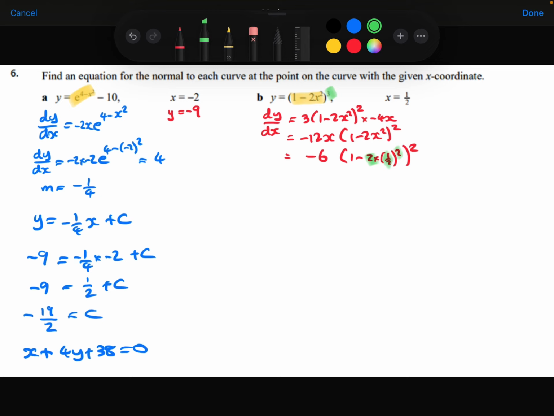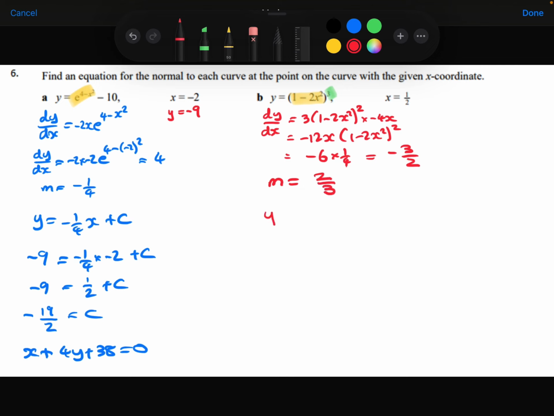And when I times that quarter by 2, I'll get 1/2. Then the 1 minus 1/2 is 1/2. And when I square that 1/2, I get 1/4. So everything inside there will just be 1/4. And minus 6 times 1/4 is just minus 3 over 2. So that's the gradient of the curve at that point, which means the gradient of the normal will be the negative reciprocal of that, which will be positive 2 over 3.